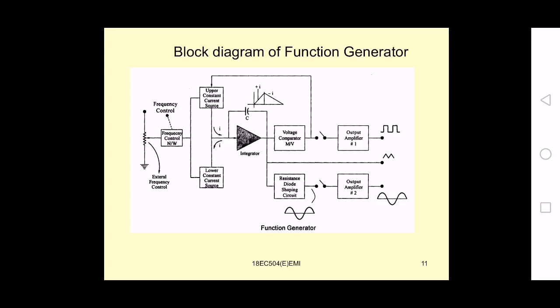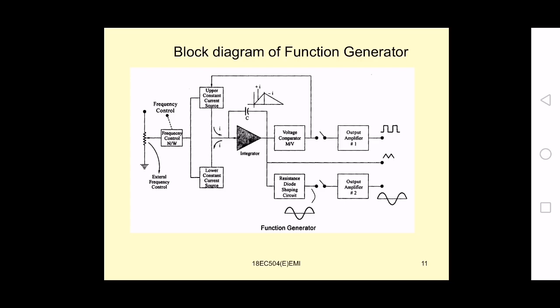As you see in this one, at the input side you will be having the frequency control network, and that may be either external frequency control or internal frequency control. For that you will be having one frequency control switch.